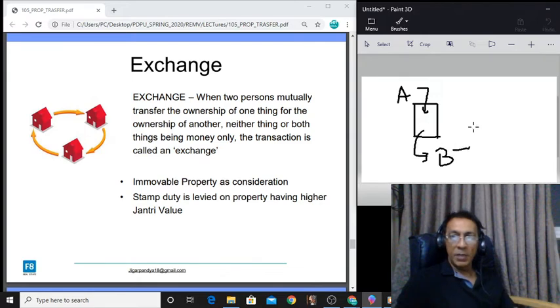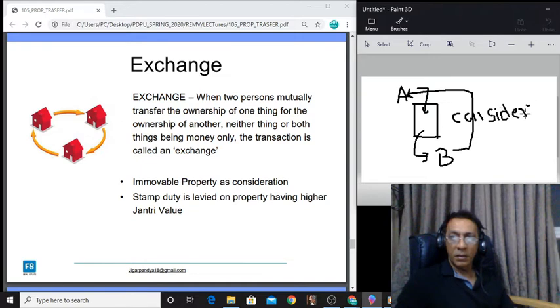What B gives back in return to A is called consideration, as per the law.